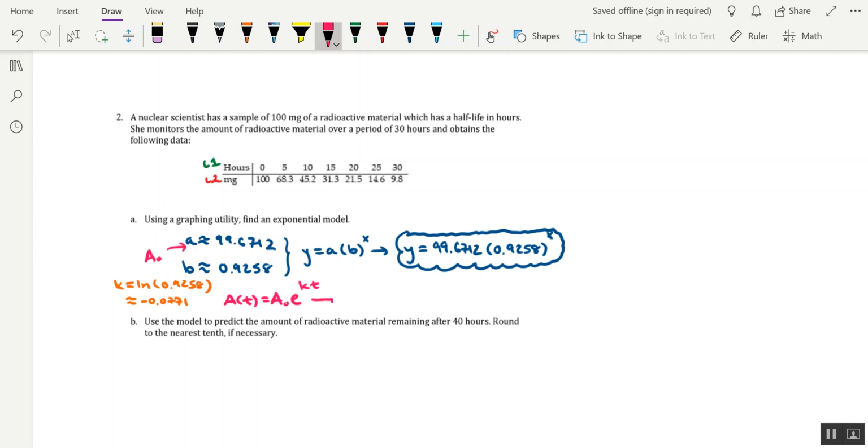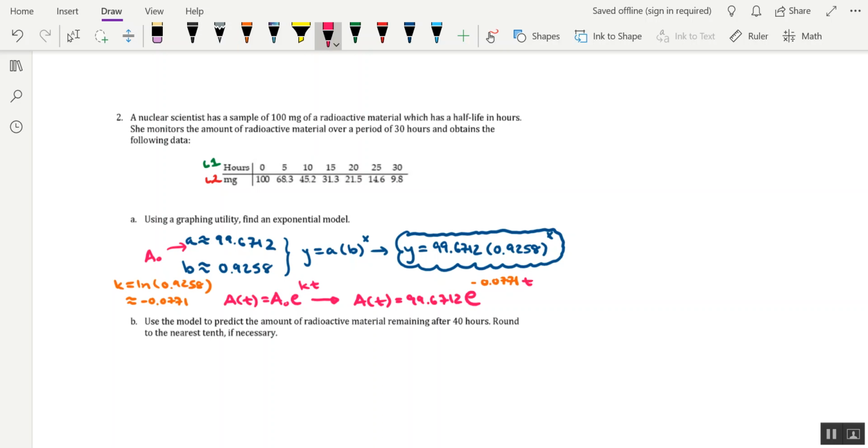Alright, so if you wanted to write this in accordance with the exponential law formula, A of t equals 99.6712 e, and then in the power of e is going to go negative 0.0771 t.